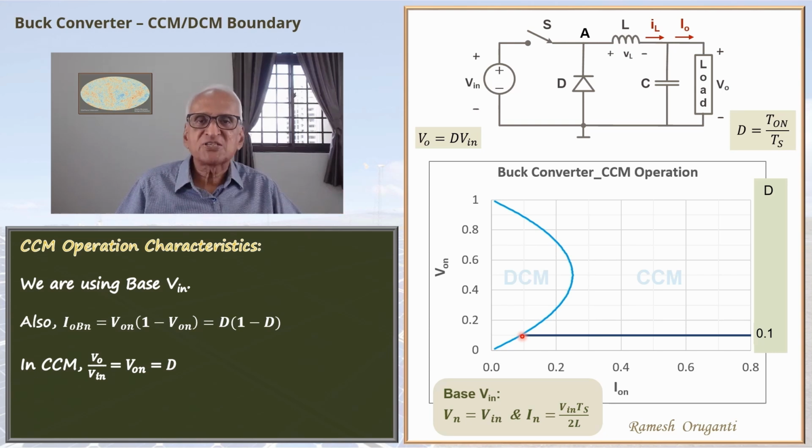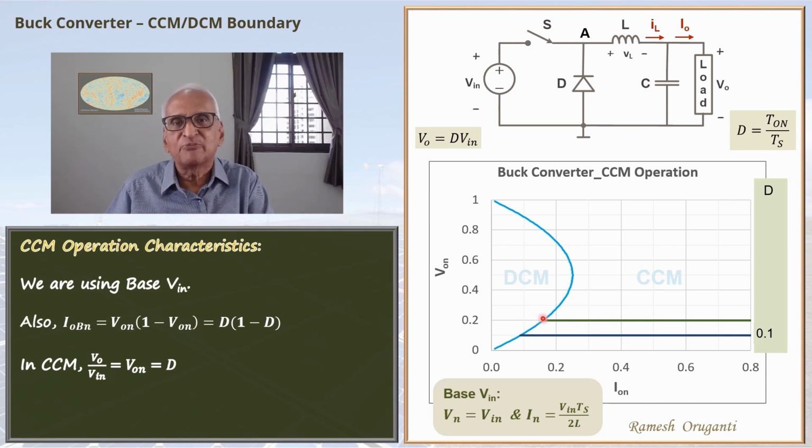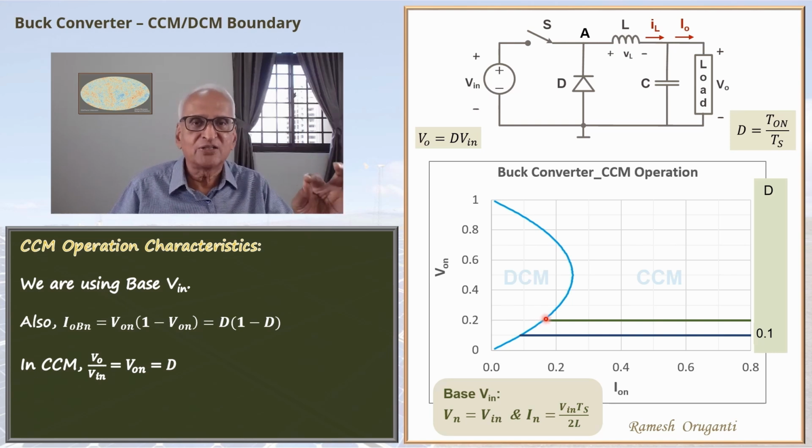Now we can plot a similar line for D equal to 0.2. Again, when D equal to 0.2, VON equal to 0.2. If the load current is less than this boundary current, you are entering into the DCM region. The CCM equation is not valid, so we stop right there.